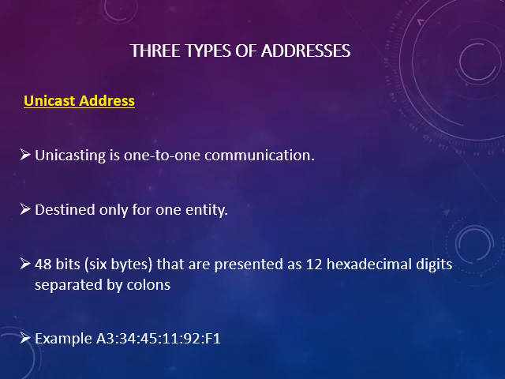The unicast link layer addresses in the most common LAN, Ethernet, are 48 bits or 6 bytes, and they are represented as 12 hexadecimal digits separated by colons. Here we can see one example: A3:34:45:11:92:F1.